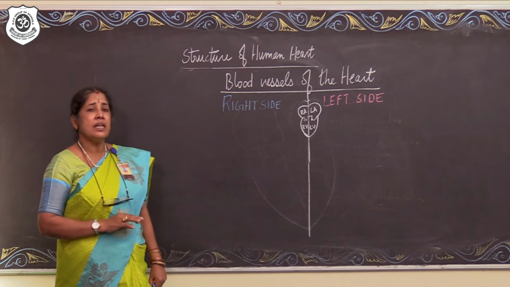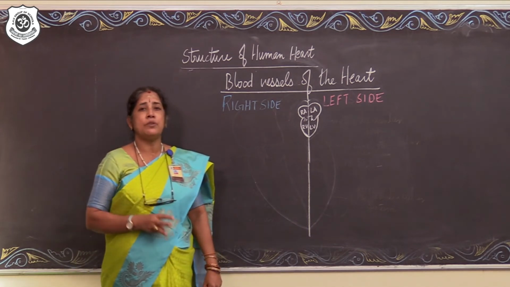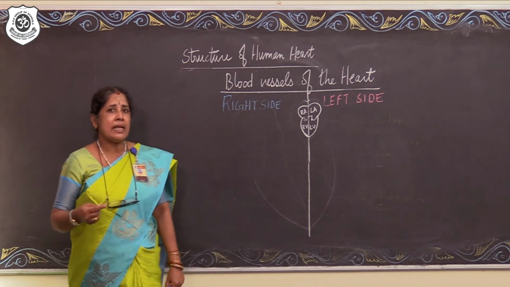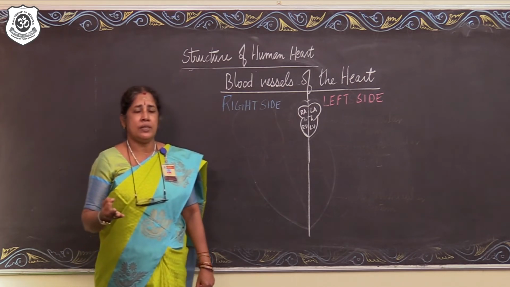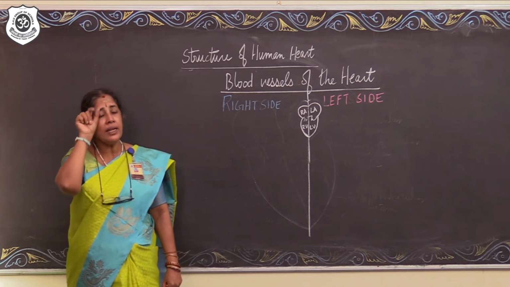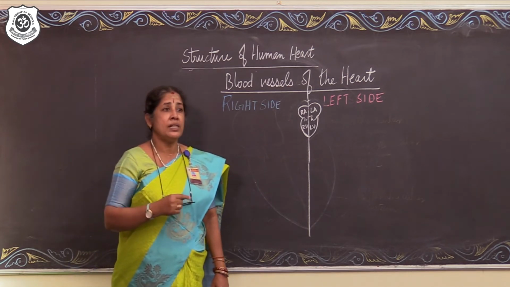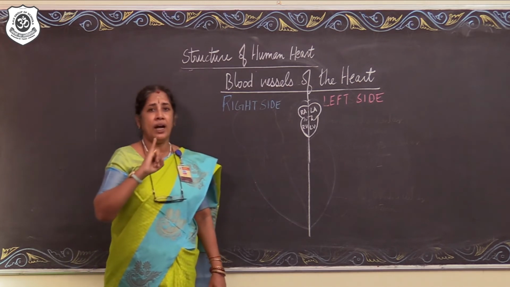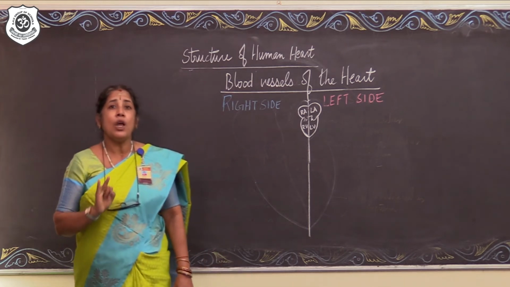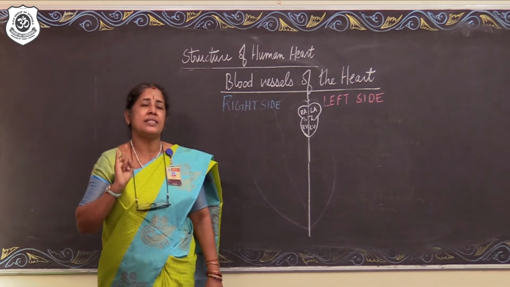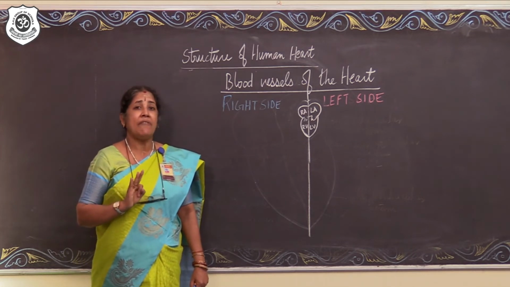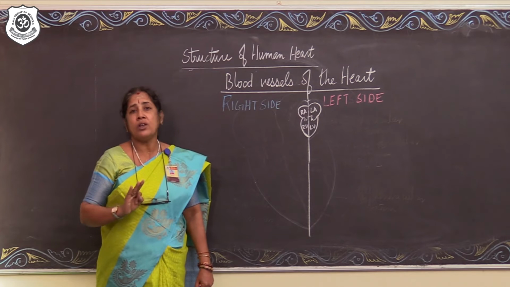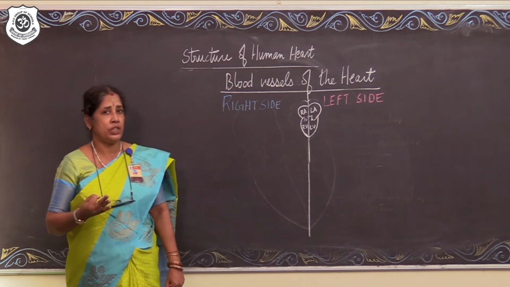We have already seen that in our body there are three types of blood vessels. To quickly recap, the arteries, the veins, and the capillaries. The arteries, as we have already seen, are the blood vessels that carry the blood away from the heart. They always carry oxygenated blood with the exception of the pulmonary artery, and they usually have thick elastic walls because they are carrying blood under higher pressure.